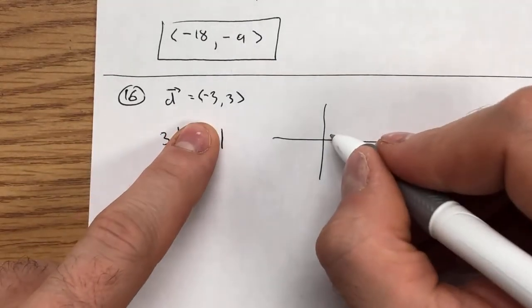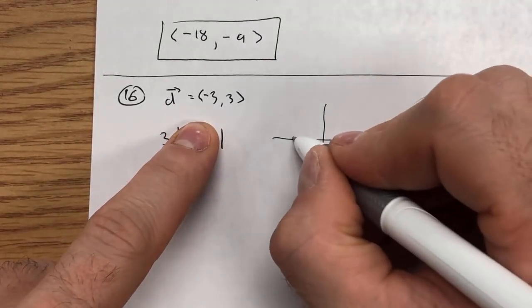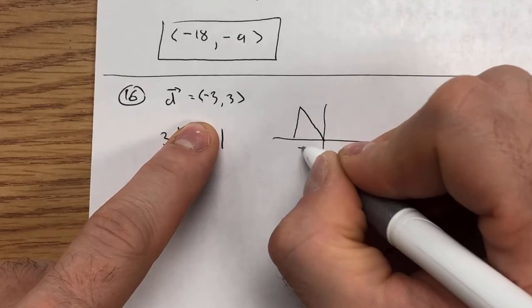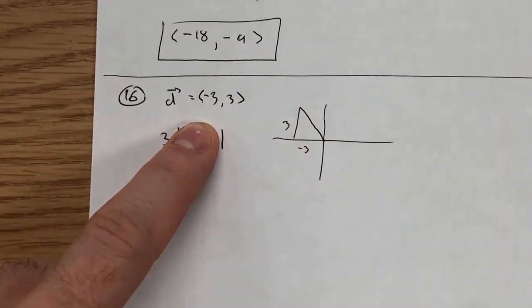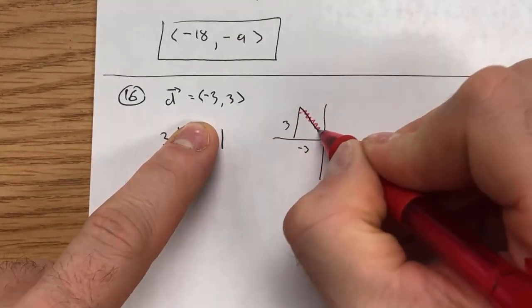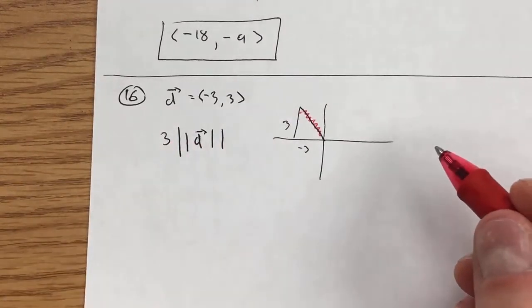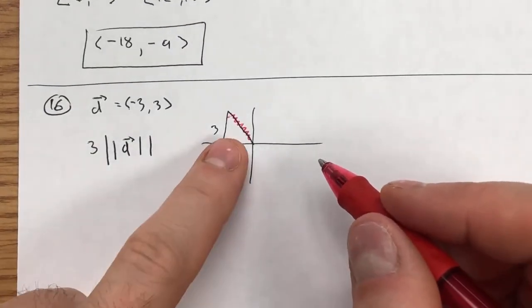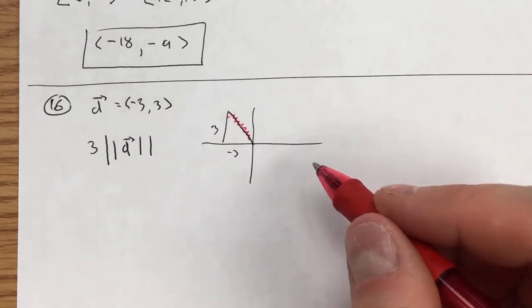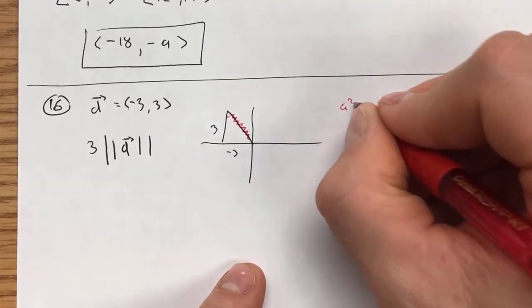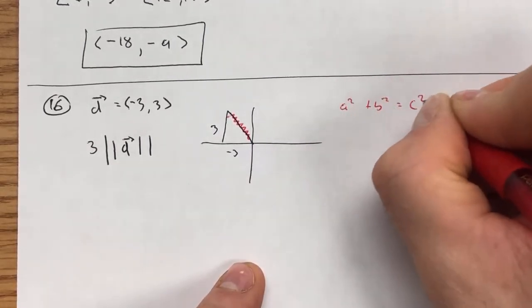I need to figure out this length right here, and I'm going to triple it. So to find the magnitude, I use a squared plus b squared equals c squared.